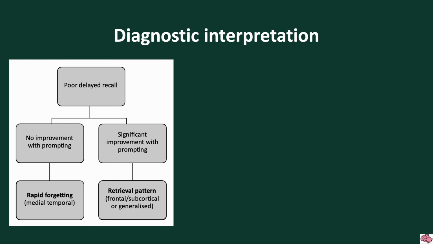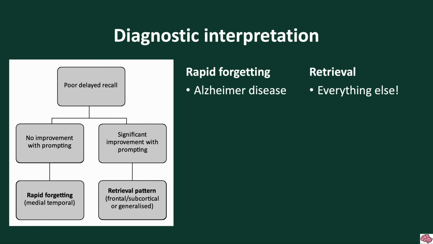In terms of more specific differential diagnoses suggested by each, in the appropriate clinical context of particularly an older person presenting with a slowly progressive memory impairment, rapid forgetting suggests Alzheimer's disease, whereas a retrieval pattern is sort of everything else.